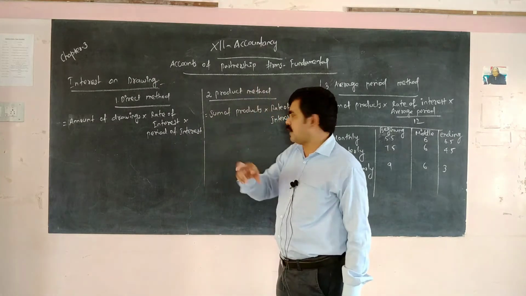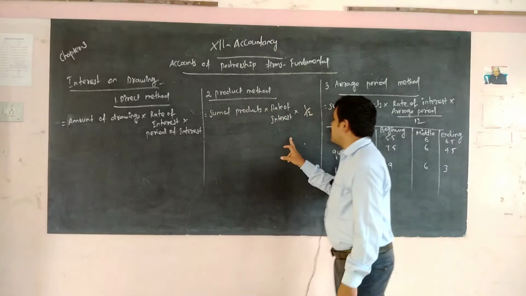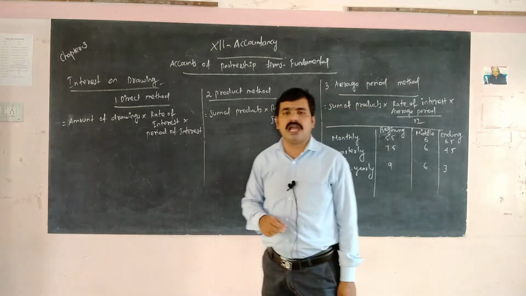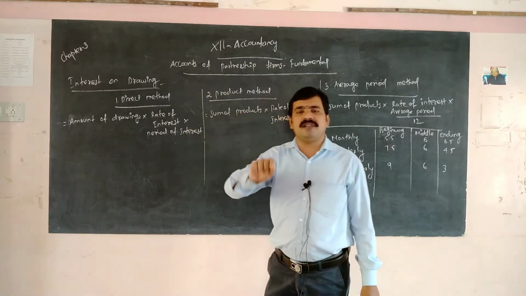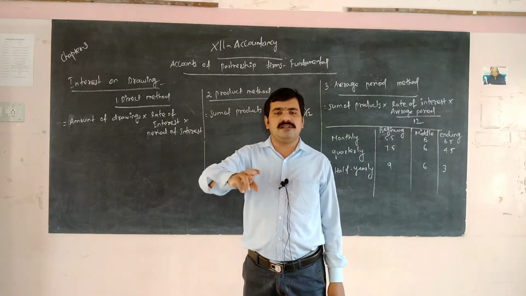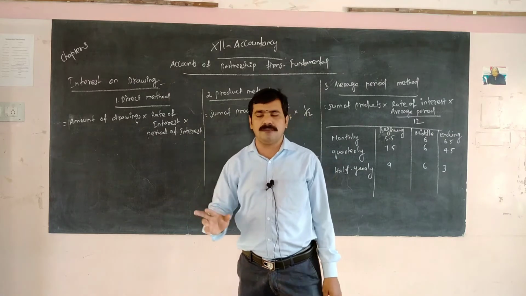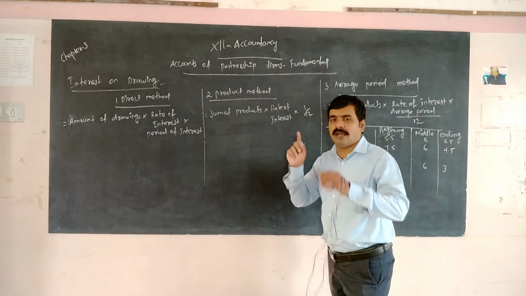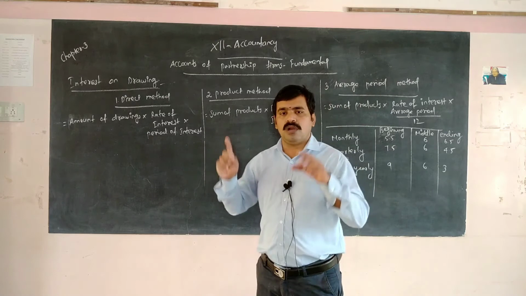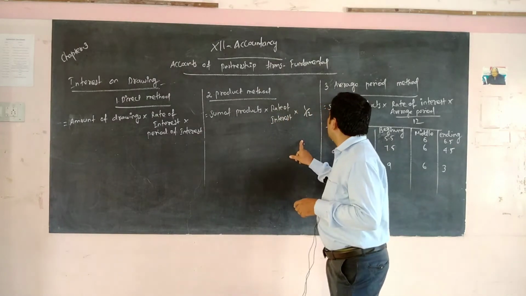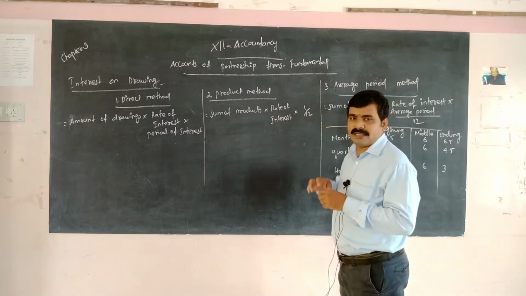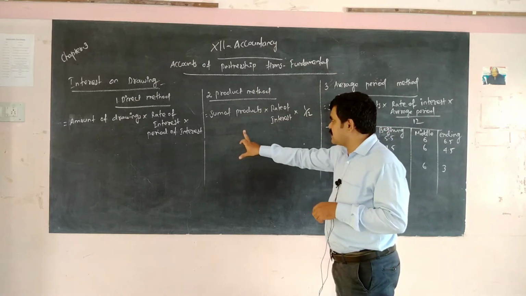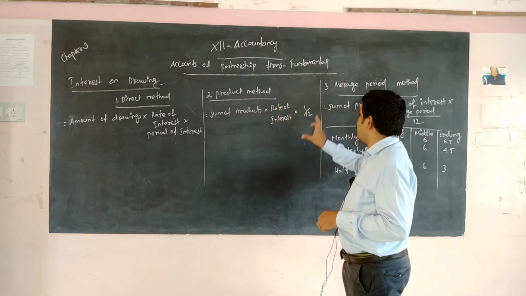Sum of products into rate of interest into 1 by 12. In the direct method the period could be 6 by 12, 4 by 12, 3 by 12, depending on the problem, but here we take only 1 by 12. So you have to follow this formula: sum of products into rate of interest into 1 by 12.